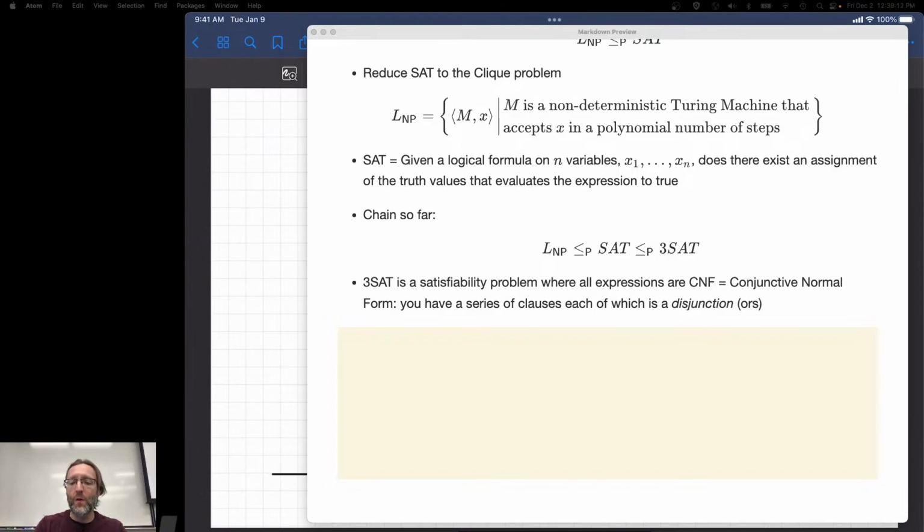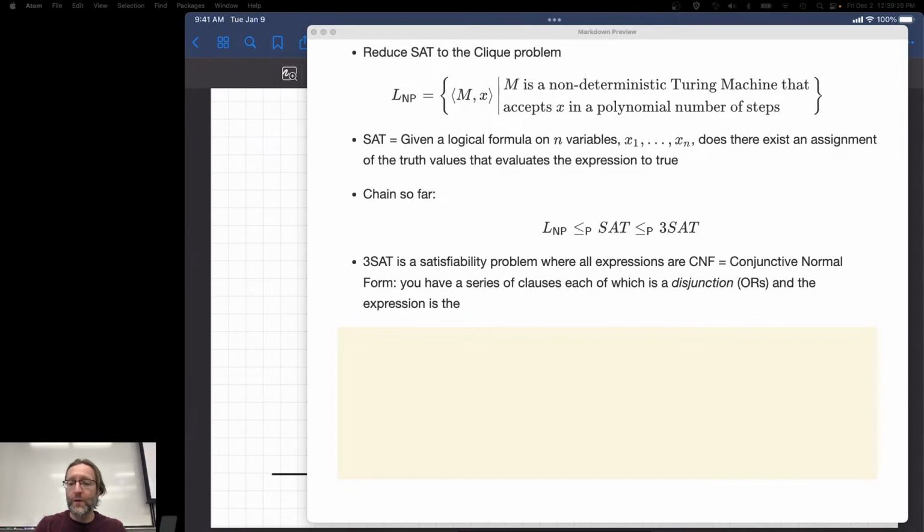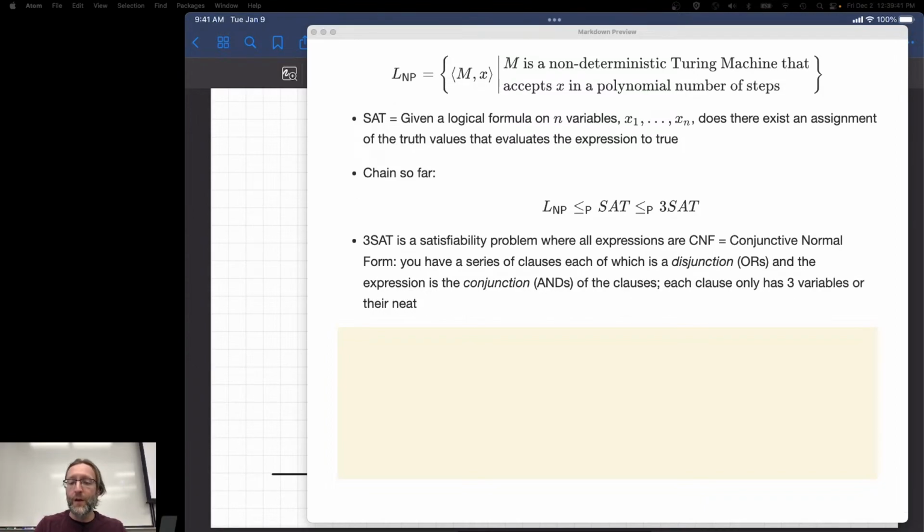And the expression is the conjunction, and in case you don't remember those, that's ands of the clauses. Each clause only has at most 3 variables or their negations.